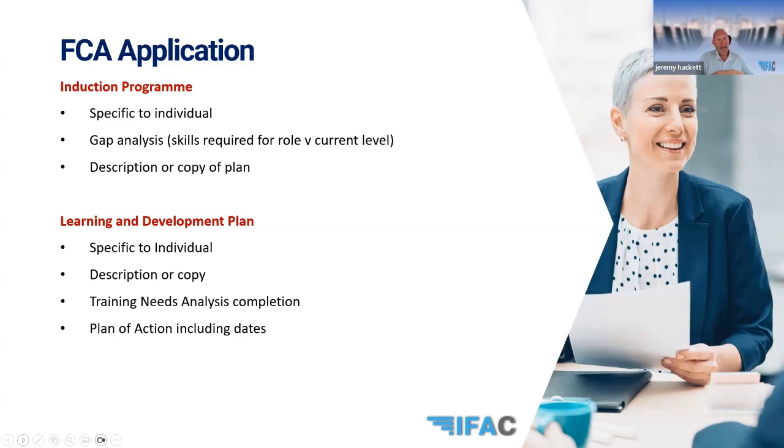And there's some sort of plan put in place to induct you into the business slash role. Now the FCA are realists. They realise that not everybody can come into a role ready baked, so to speak. So they do expect to see an induction slash development plan in place to further develop the skills and knowledge that you've got.